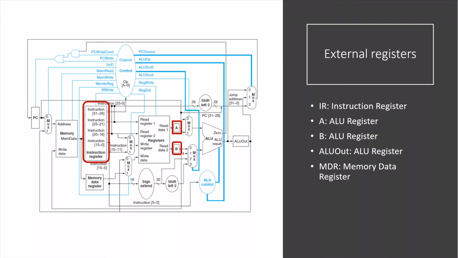There are 32 of the instruction registers, and A or B are used to compute the ALU computations. ALU out is used to store the ALU results, and the MDR is used to write memory data into the register.